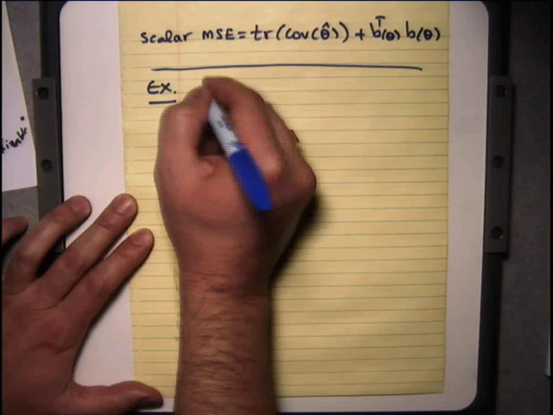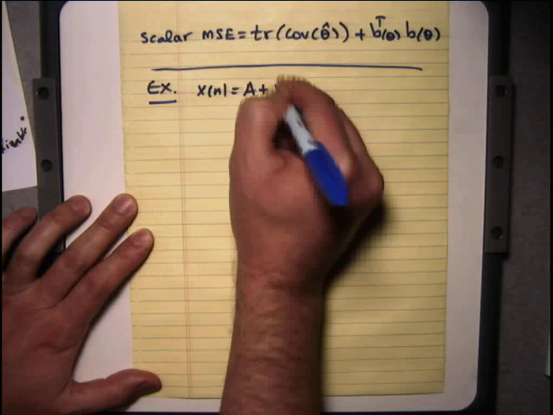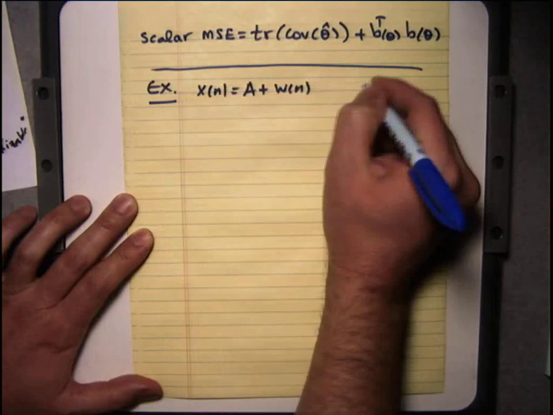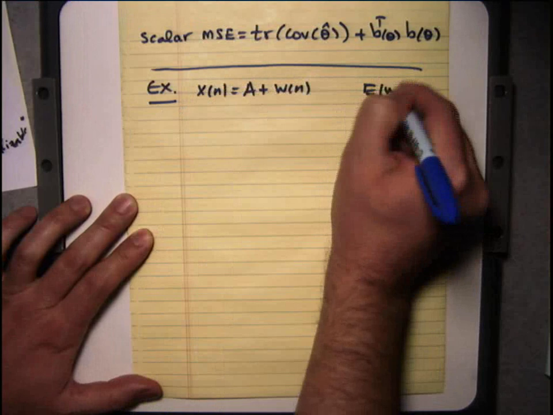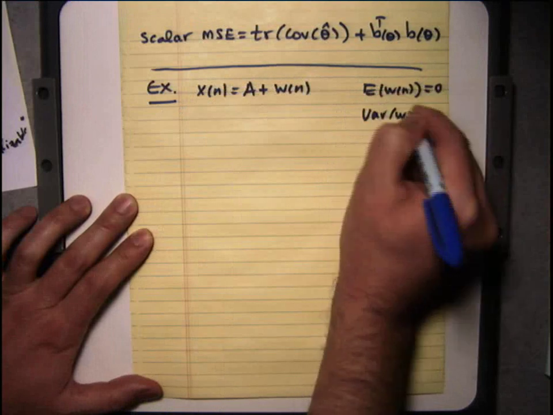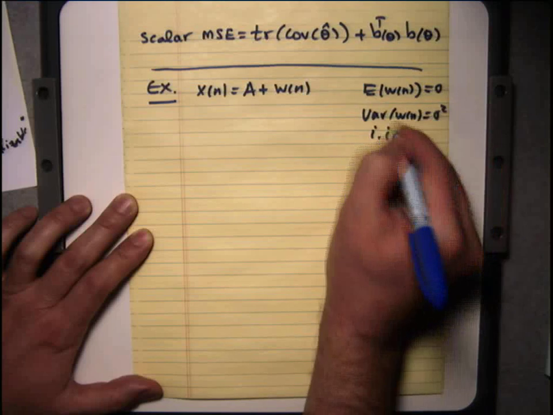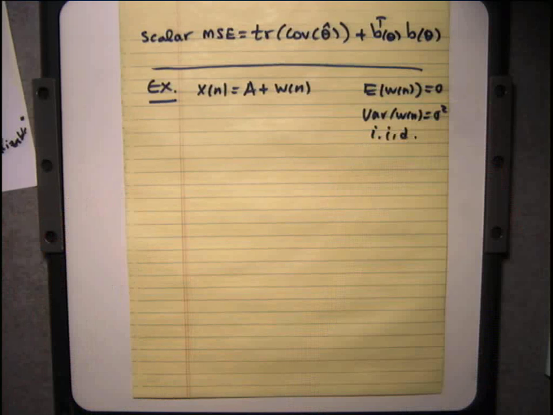All right, so again, our simple problem, x of n equals A plus W of n. Again, the mean of these noise terms is 0, the variance is sigma squared, and they're IID. Again, I'm not going to assume that it's Gaussian, just these things.